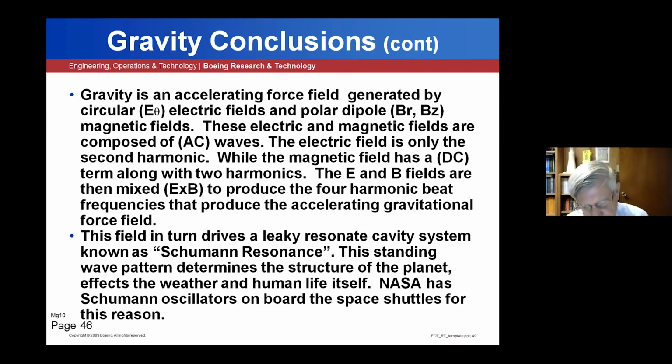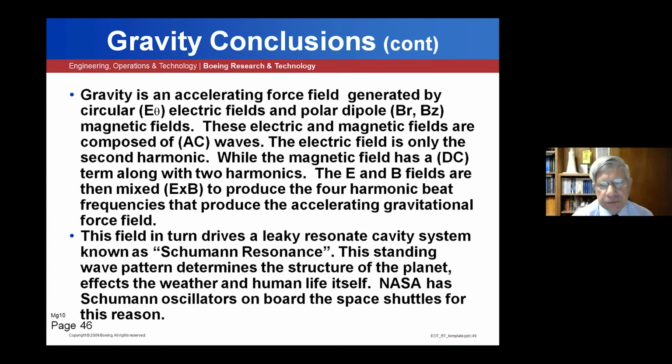And so then the third harmonic and the fourth, all those drive. The fourth mainly controls the generation of the radiation belts, and the second and third harmonic is what contributes most of the waves.